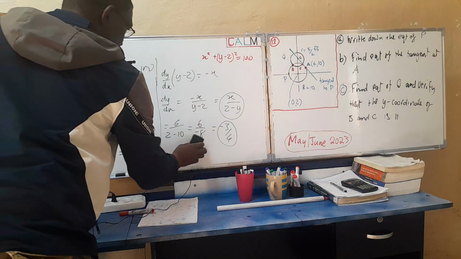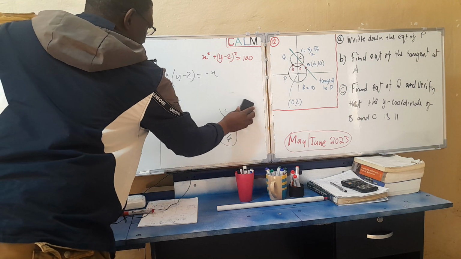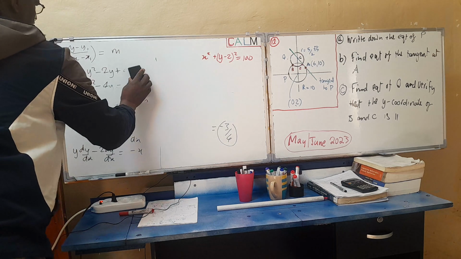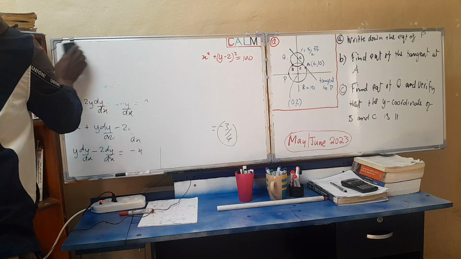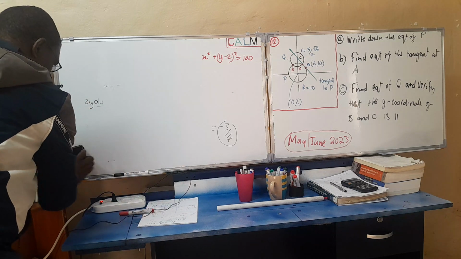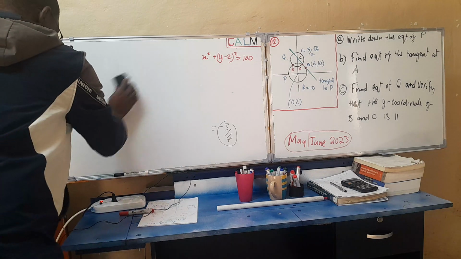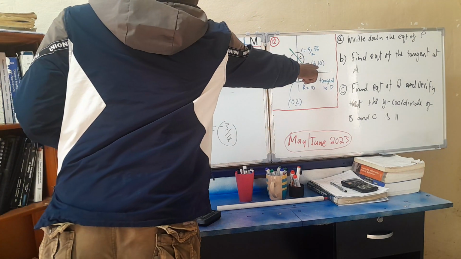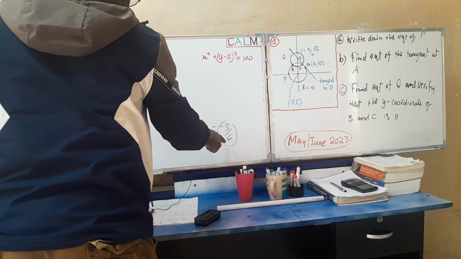Let's remember it. I'll clear all this stuff here. Okay. Now we have found the gradient of the line. Do we know anything else? Yes. We know where it passes through. It passes through the point (6, 10). It has got that gradient.